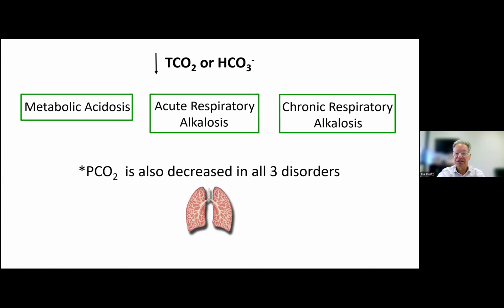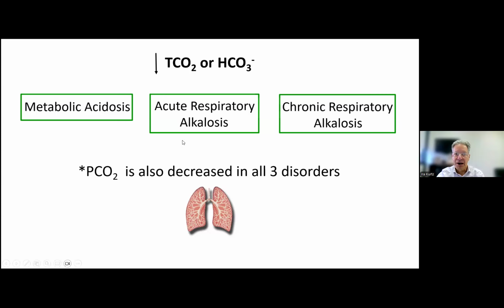In all the acid-base disorders, whether the bicarbonate is down, as in these three examples, or whether it's up, as in the subsequent slide that I'll show, the PCO2 always changes in the same direction. So the minute your mind sees them going in opposite directions, you know you don't have a simple acid-base disorder, even without figuring out what the acid-base disorders are. It's just a clue.